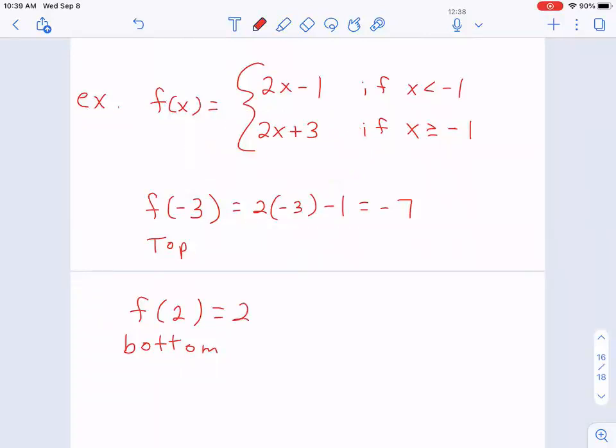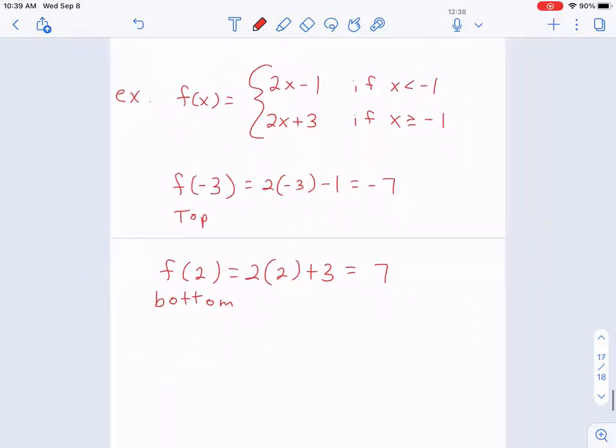So I'm going to do 2 times 2 plus 3. So that's 4 plus 3, which equals 7. All right, so does anybody have any questions yet?